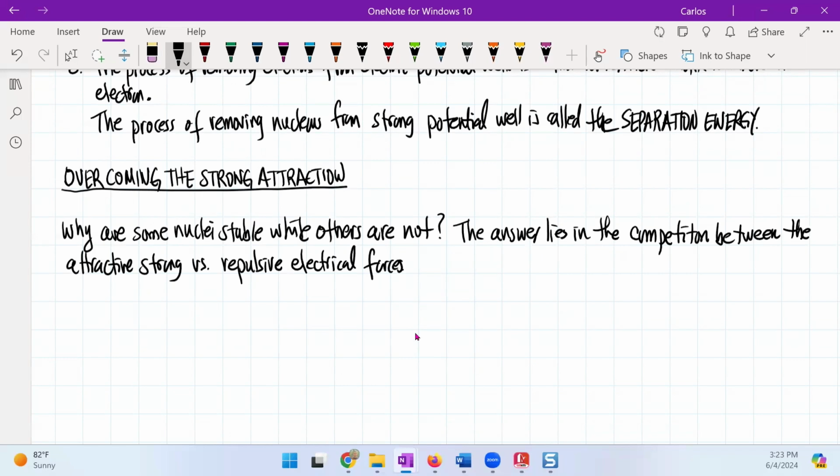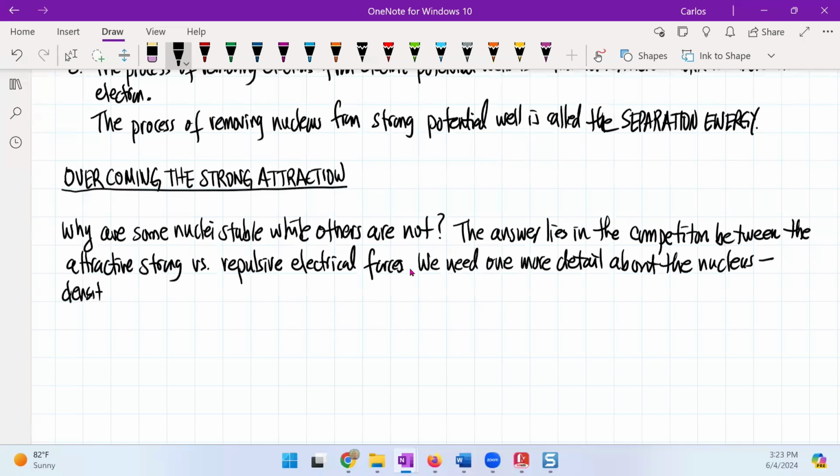Now, before I can answer that, we need to understand a little bit more about the nucleus. So we need one more detail about the nucleus. And this involves the density of nuclei. So let's look at this thing here.